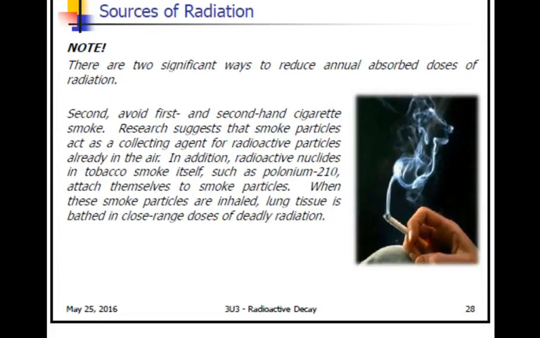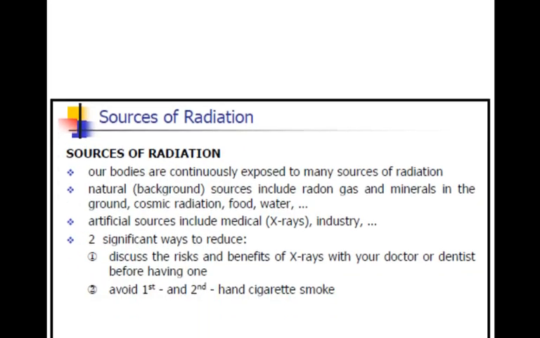Another way to reduce the amount of radiation is to avoid second or first-hand smoke. Research suggests that smoke particles act as a collecting agent for radioactive particles that are already in the air. In addition, radioactive nuclides in tobacco smoke itself, such as polonium-210, attach themselves to smoke particles. And when these smoke particles are inhaled, lung tissue is bathed in close-range doses of deadly radiation.